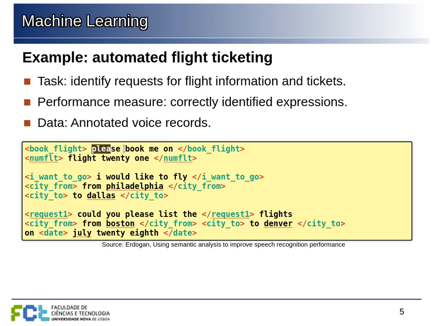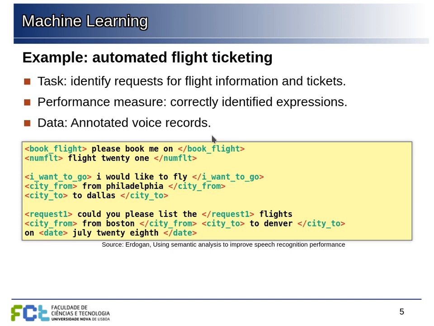For example, "please book me on" would be a request for booking a flight. "Flight 21" would be the identification of the flight. "Philadelphia, Dallas" would be cities, and "from" and "to" will indicate the origin point and destination, and so on.